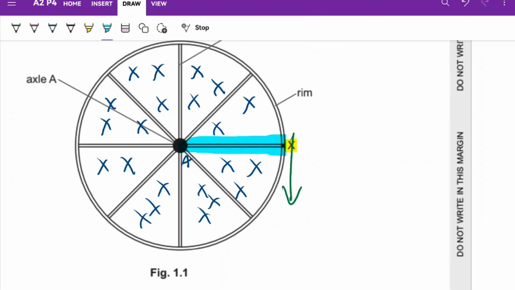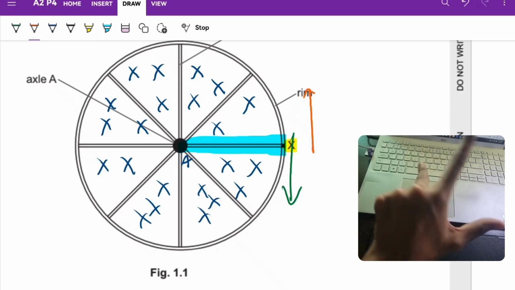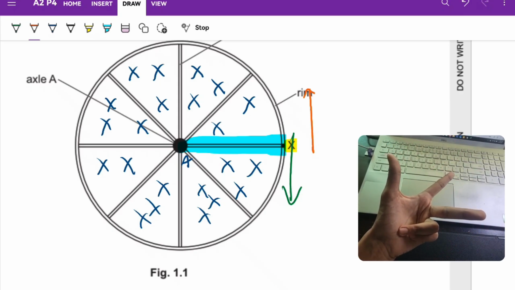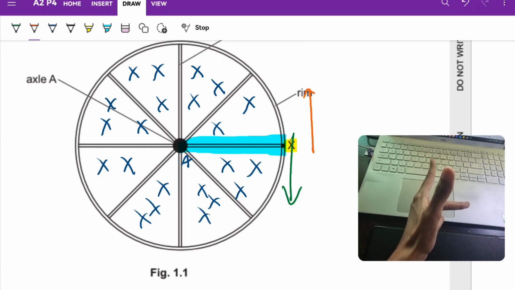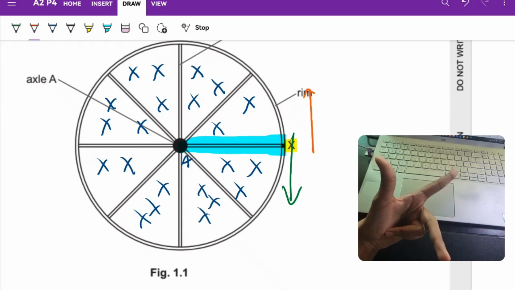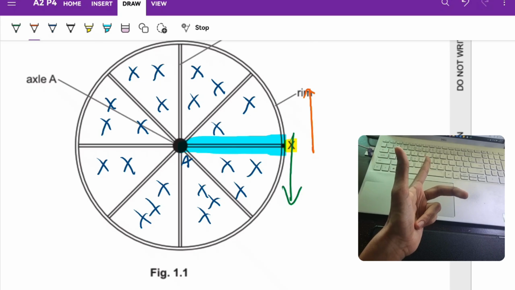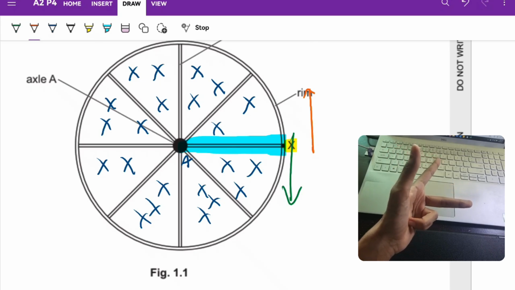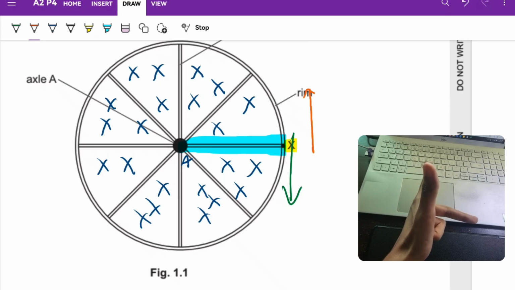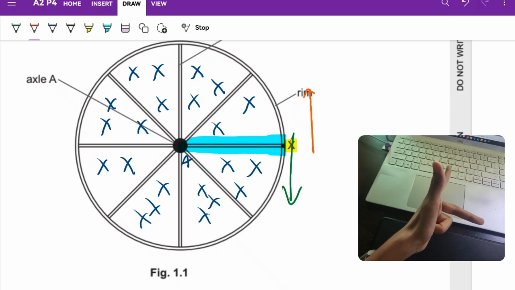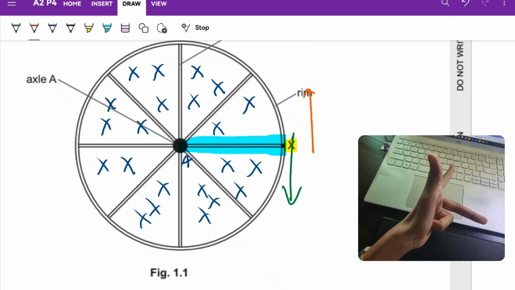So, the rim will have a force acting anti-clockwise. So you take out your Fleming's left hand, okay? Your thumb is the force, your index finger is the field, and your middle finger is the current. Now that we know the magnetic field is into the page, point your finger into the page.